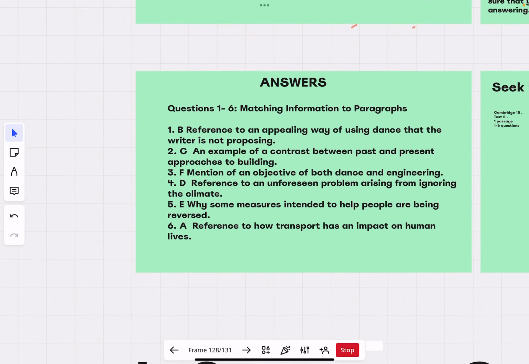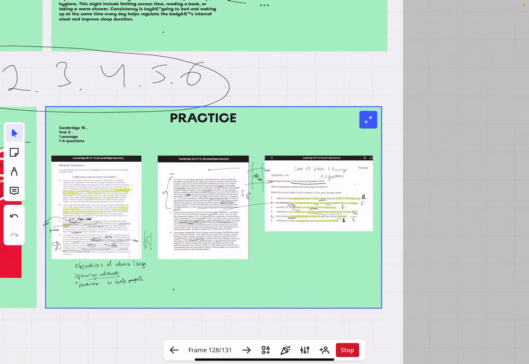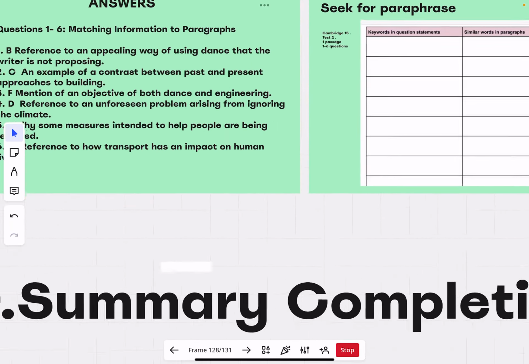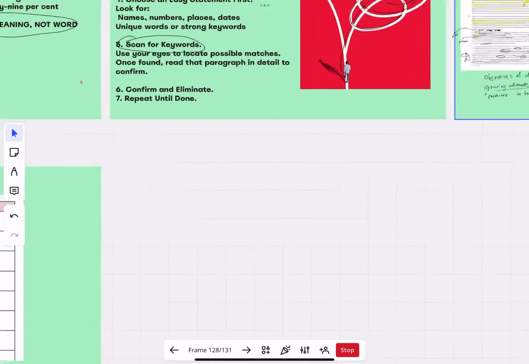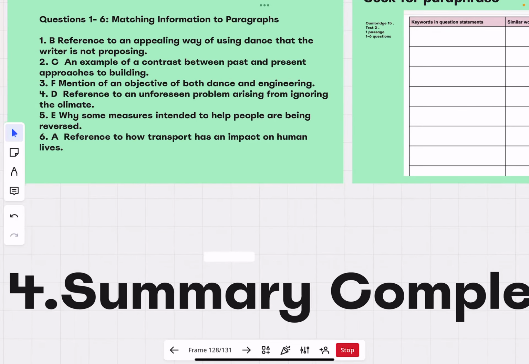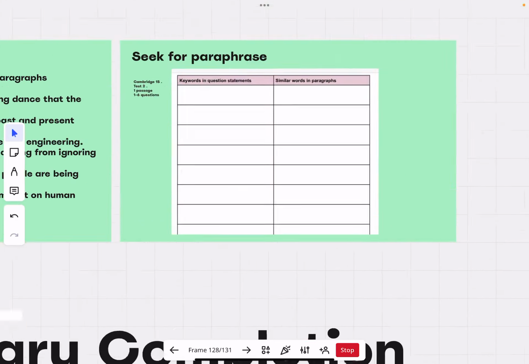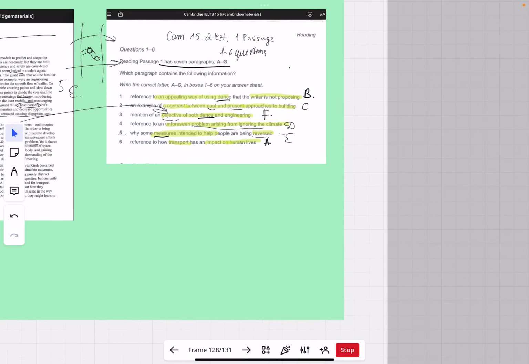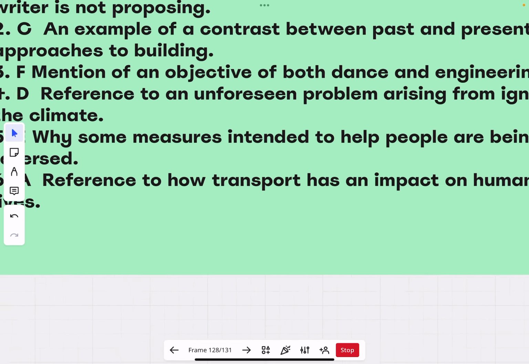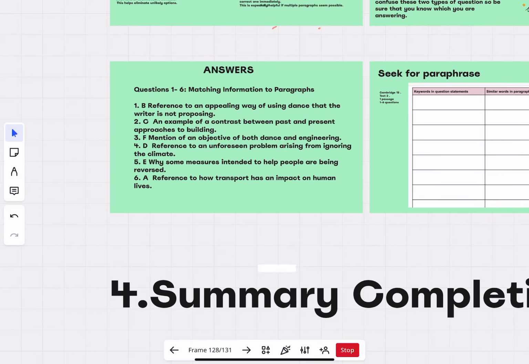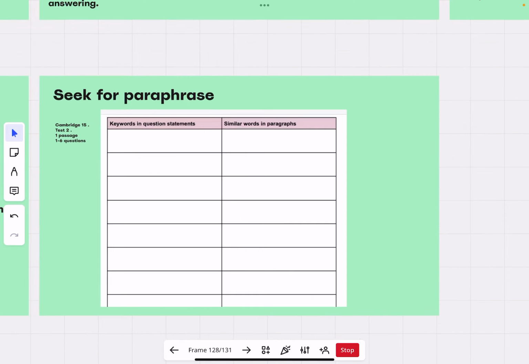Third one is F. That is easy, but F. Fourth is D. Fifth is E, but the fifth was a bit difficult for me, because barriers came with measures. Then the sixth is A. So good. Have a good one. And you need to do this one yourself at home after finishing this task.